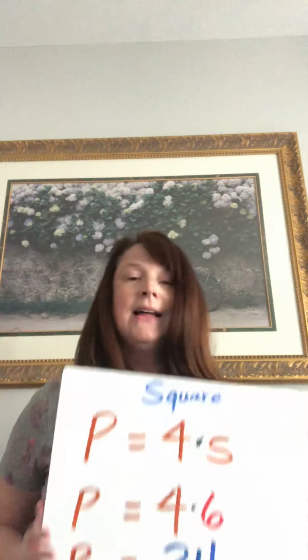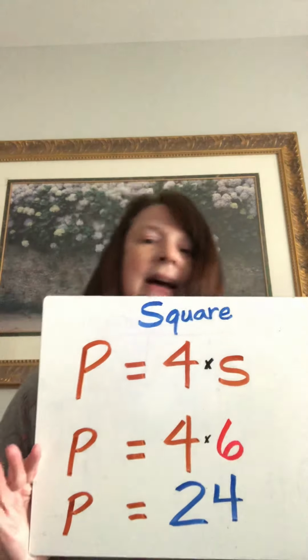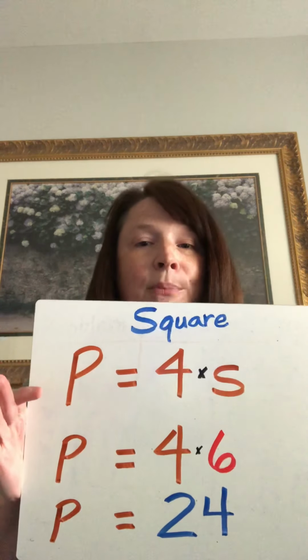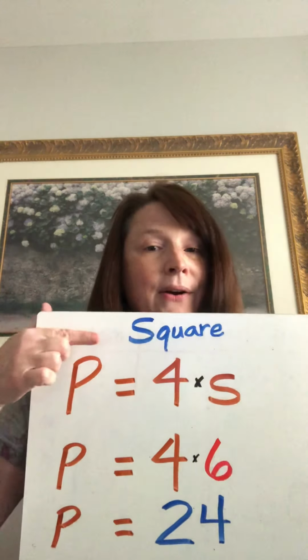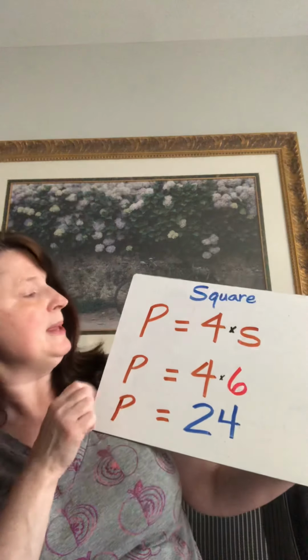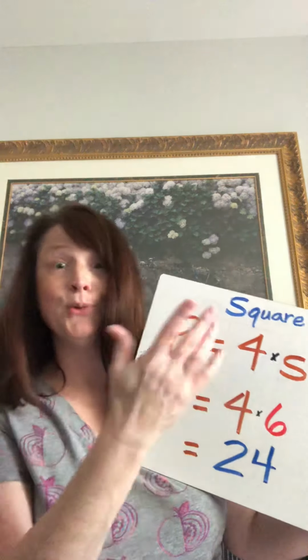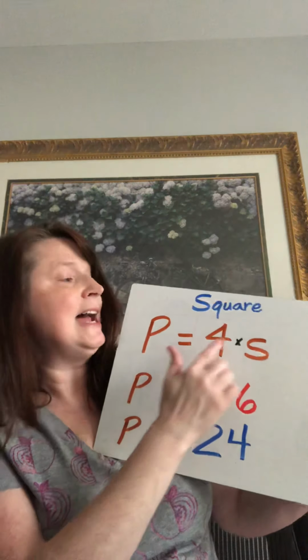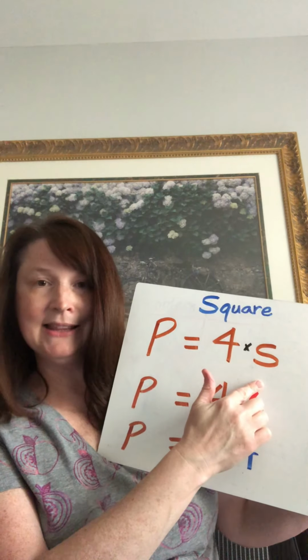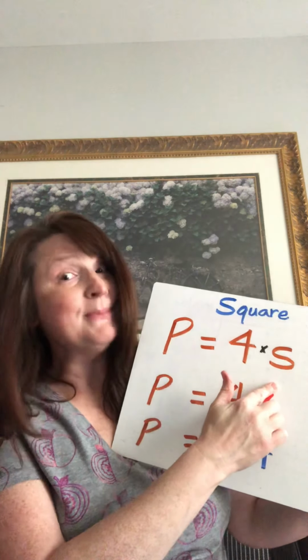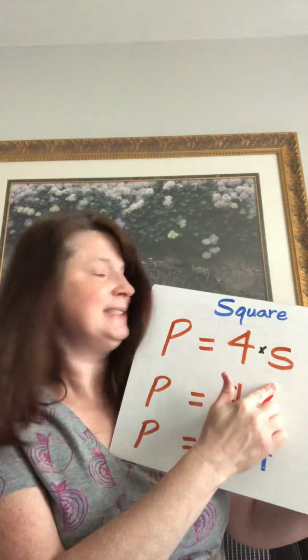Okay, a little simpler. So to find the perimeter of a square, you're just going to simply multiply the number 4, right, because there are 4 sides to a square, times the measurement of each of those 4 sides, okay?